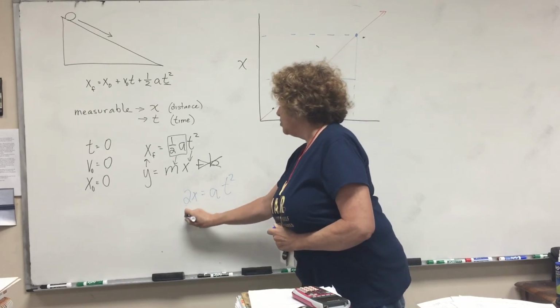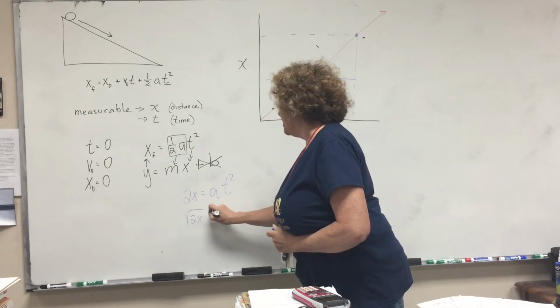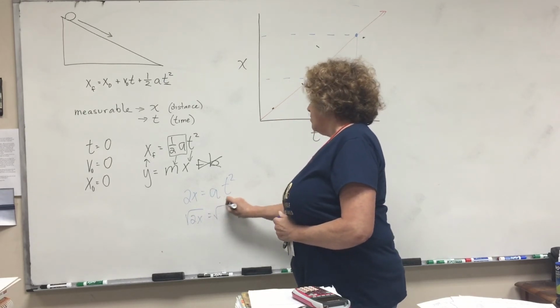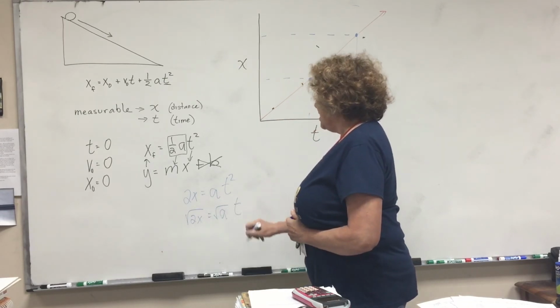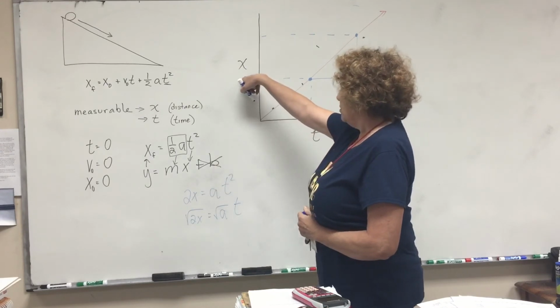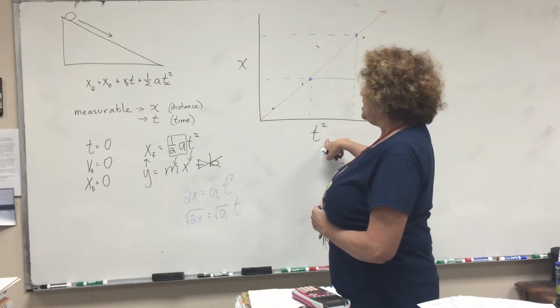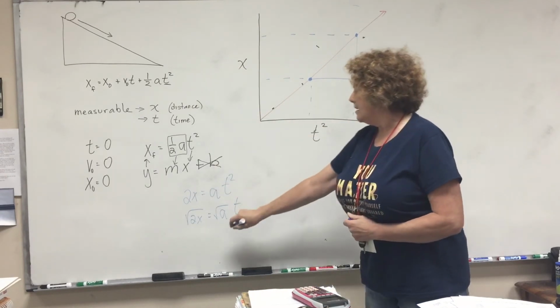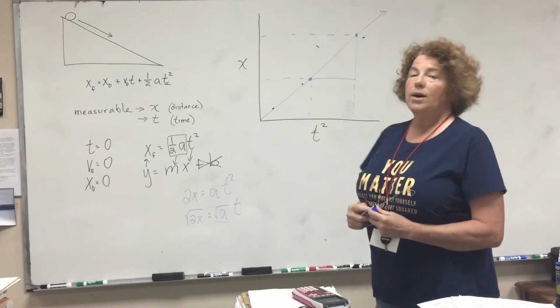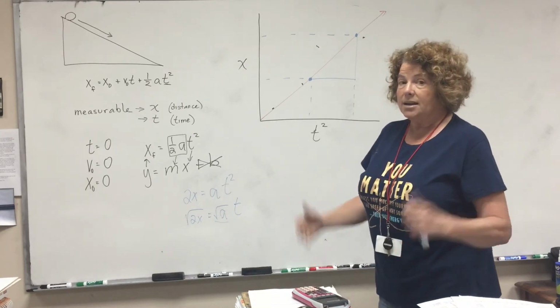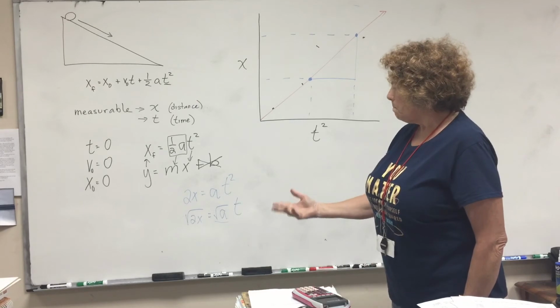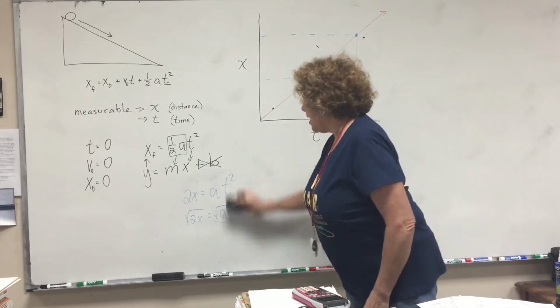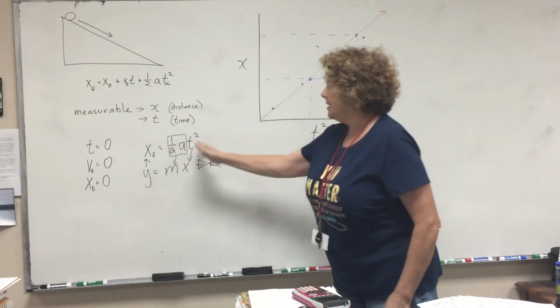So I could have gotten square root of 2x equals square root of a times t, and I could have done square root of 2x here and t there, and then I would have had the square root of a as my slope. But I wouldn't mess around with it if I can get this easily.